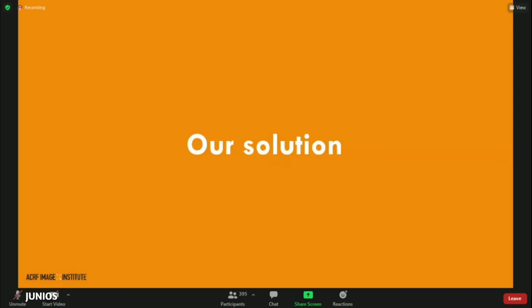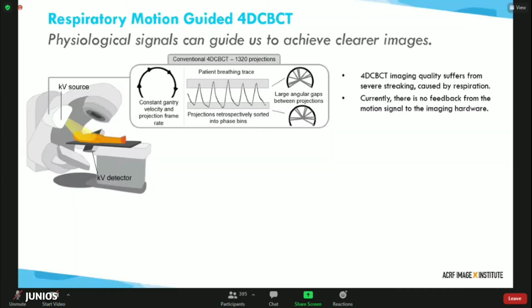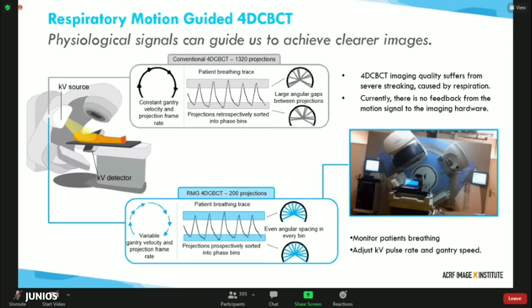To overcome this, Dr. Tess Reynolds and the ImageX team are working on motion-guided 4D cone beam CT. Conventional 4D cone beam methods acquire imaging data at a constant gantry velocity and projection frame rate. Because this acquisition is independent of the patient's respiration, this can cause large angular gaps between kV projections.